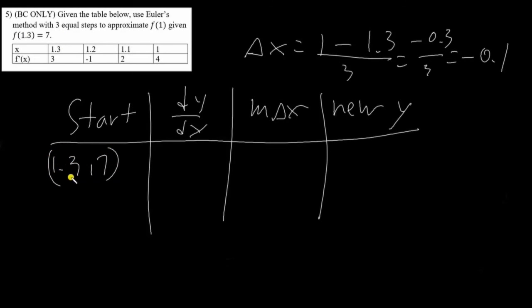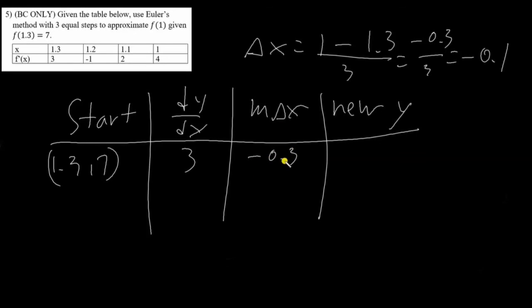And then for an x value of 1.3, dy dx, or f prime of x, is 3. So we're given that. We don't have to calculate it with a differential equation or anything. So m delta x. This is our m, right? This is our slope. Our delta x is always going to be negative 0.1. So our m delta x is 3 times negative 0.1, or negative 0.3.